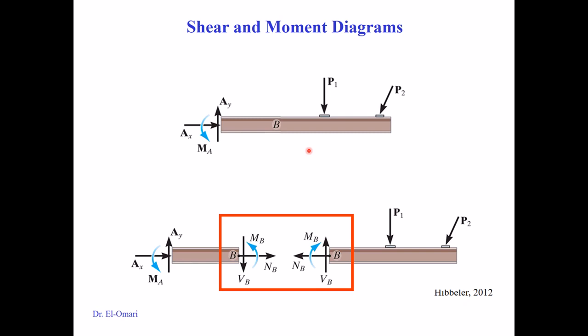For designers, it's very important to know some of the values of these moment, shear, and normal forces, including, for example, maximum values, positive and negative values, exactly where these maximum and minimum values are, where the zero values are, and where values change from one point to the other.